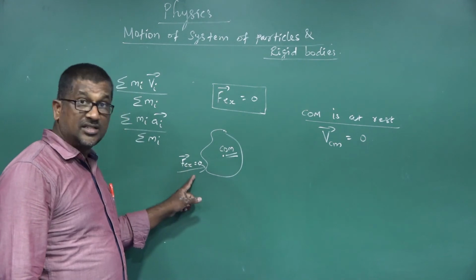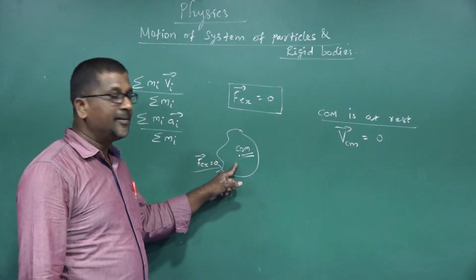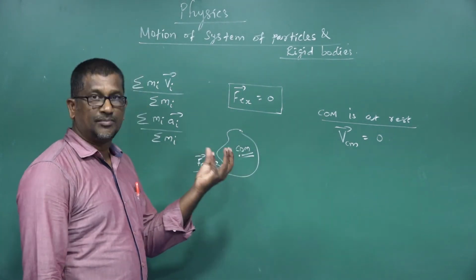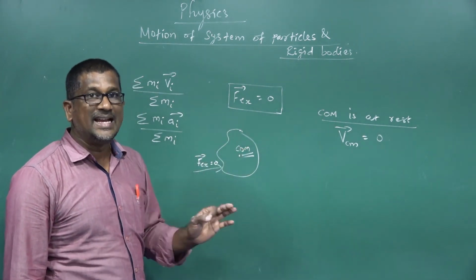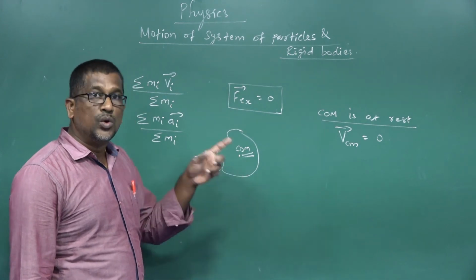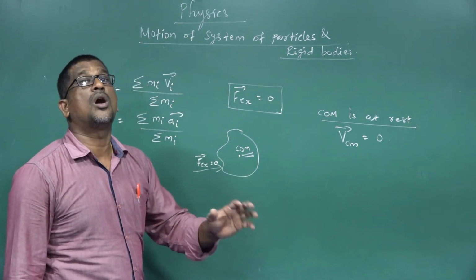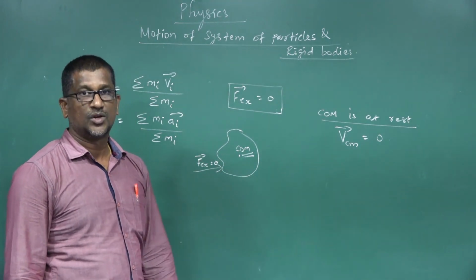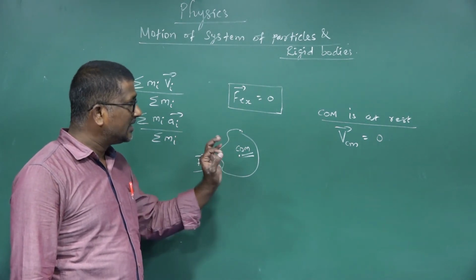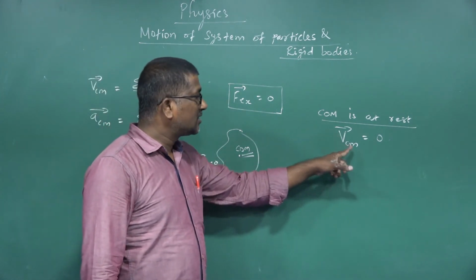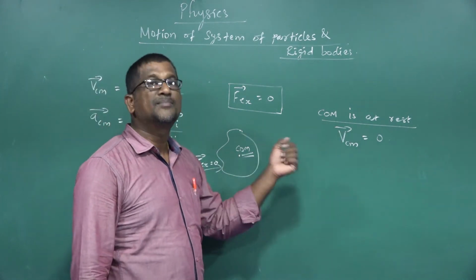If there is no external force acting on the rigid body, the position of the center of mass will not be affected. It means the center of mass will remain in the state of rest or otherwise in uniform motion. Suppose the center of mass of the rigid body is at rest, then the velocity of the center of mass becomes 0.